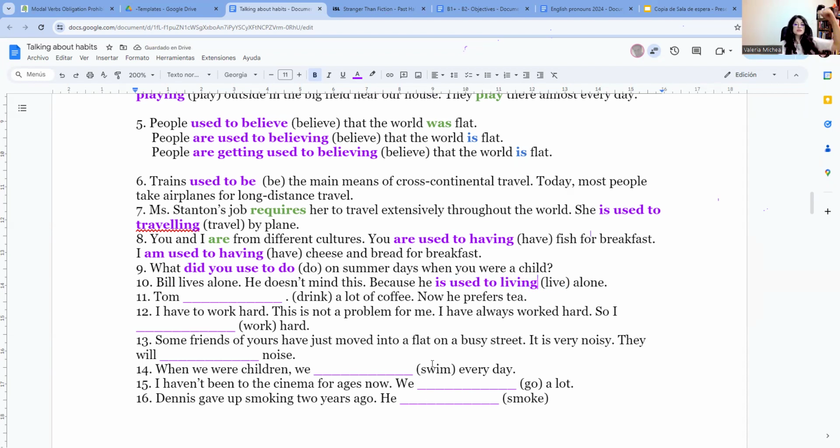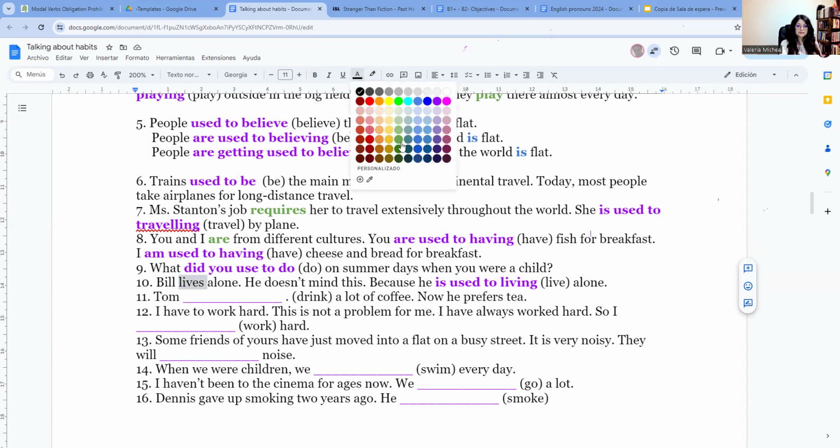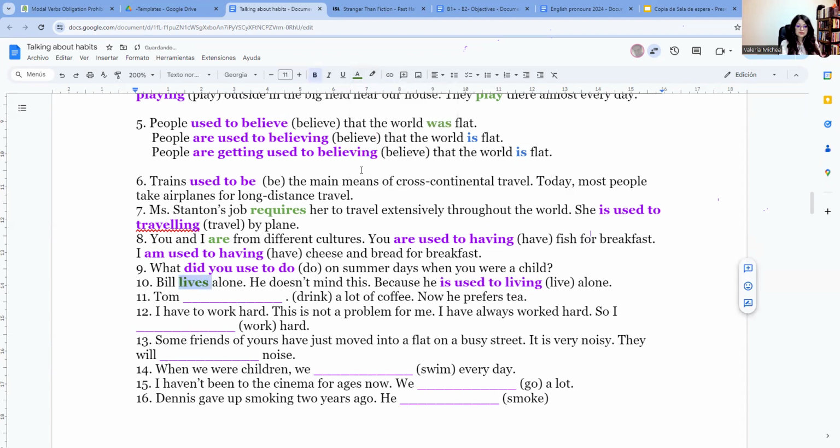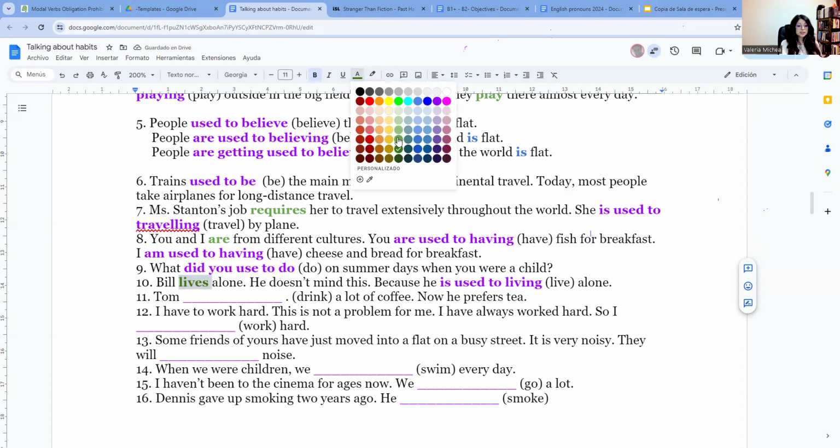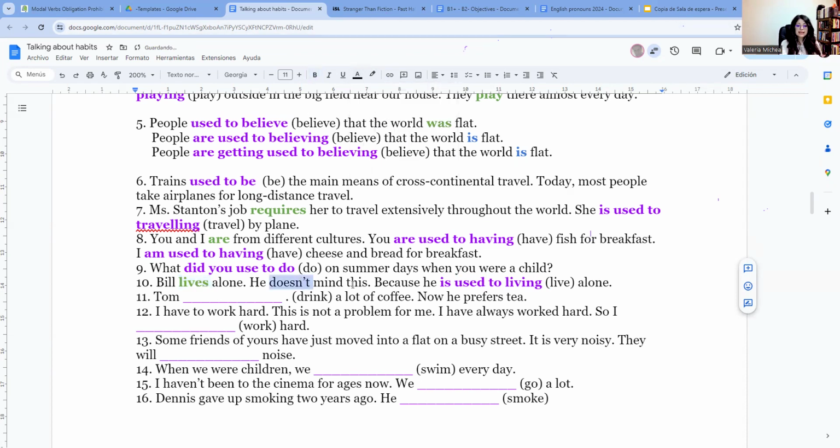Yeah, so he is used to living alone now because he lives alone in the present. And we know that in the present, he doesn't mind this. It's not a problem for him because now in the present, he is used to living alone. All right, so yeah, careful with that.